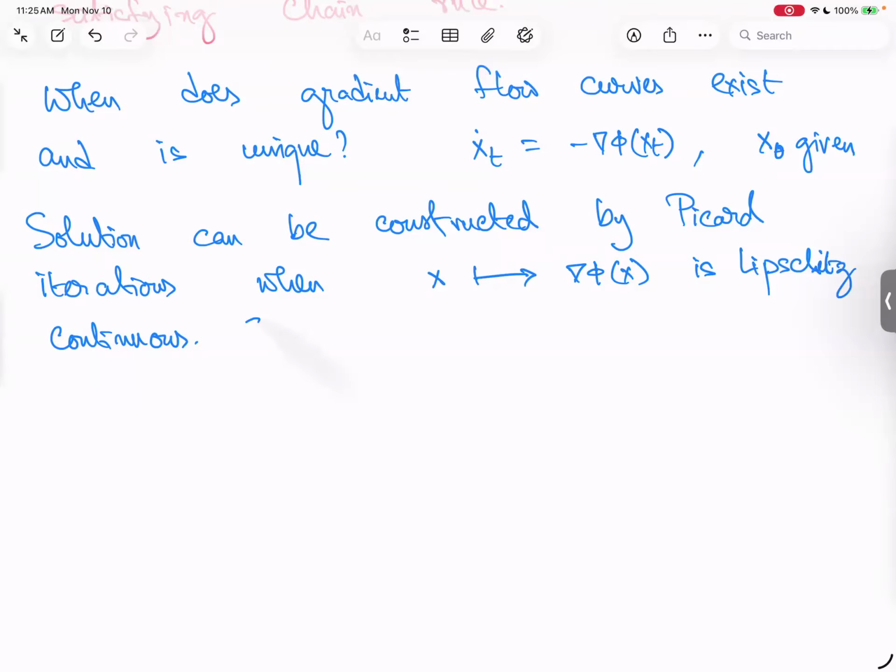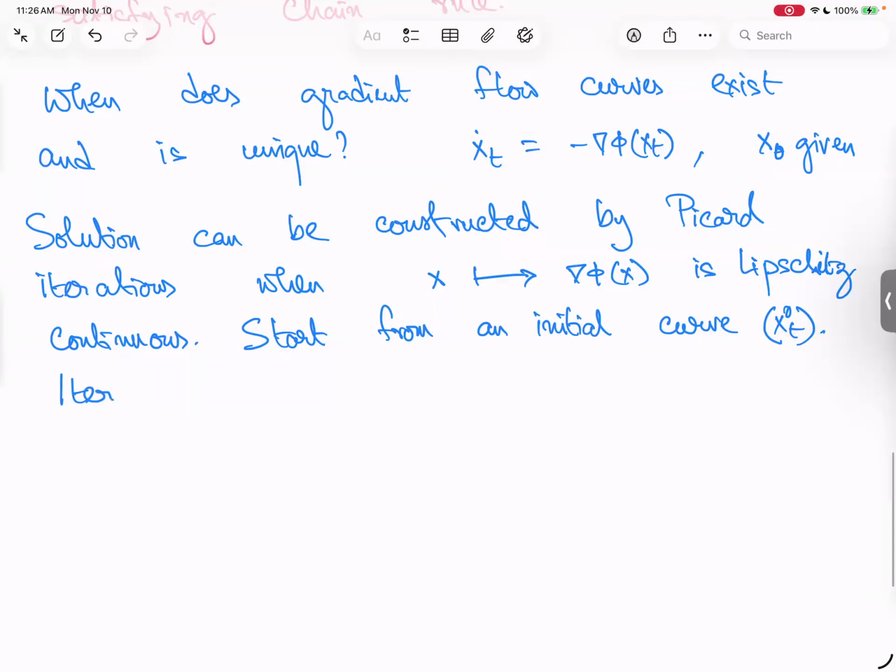You start from an initial curve x0 t, and now you define iteratively x k plus 1 t to be x0 minus the integral from 0 to t of gradient of phi of x k s ds.